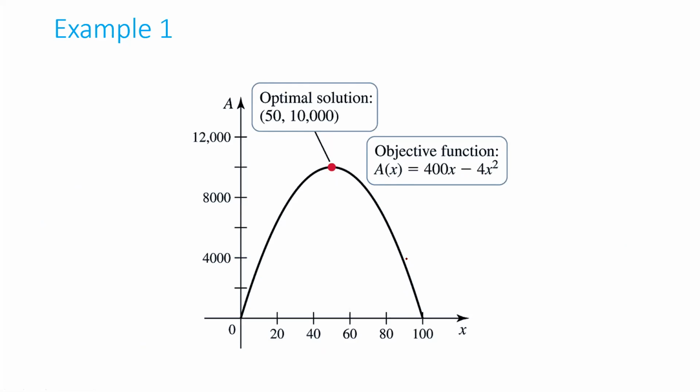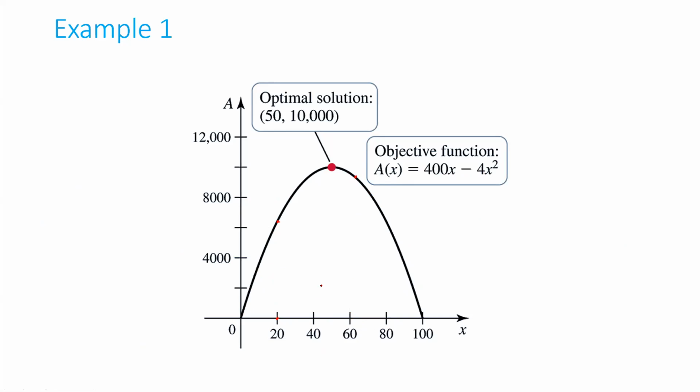So we can see that based on different dimensions, you get different area. For instance, here, maybe if I had x was 20, then the area enclosed would be something around there. Or if I had x was 60, the area would be something around there.